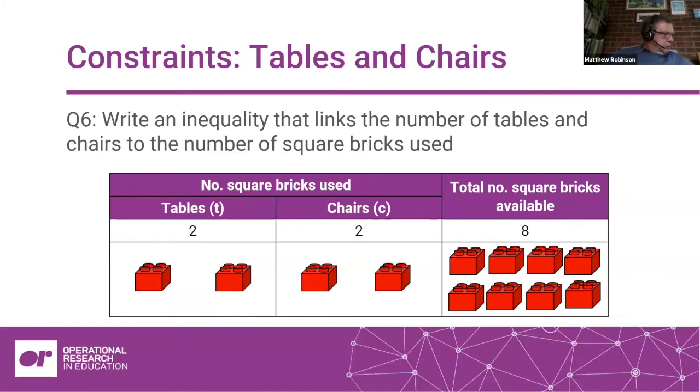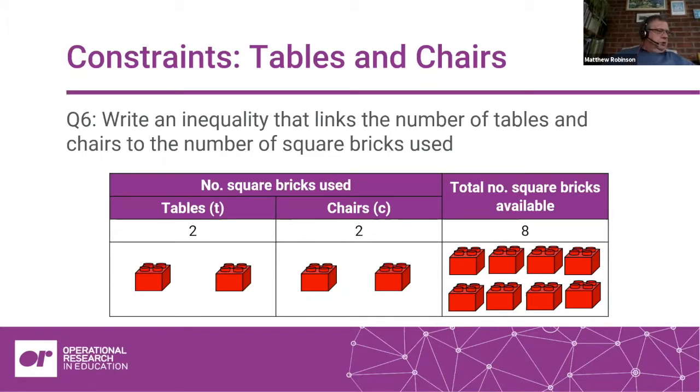Similarly, for the square bricks, remember for a table we use 2 of them, and for each chair we produce we also use 2 bricks. In total, we have 8 of the square bricks available. So again, think about an inequality, an equation which will help to express the constraint we have.